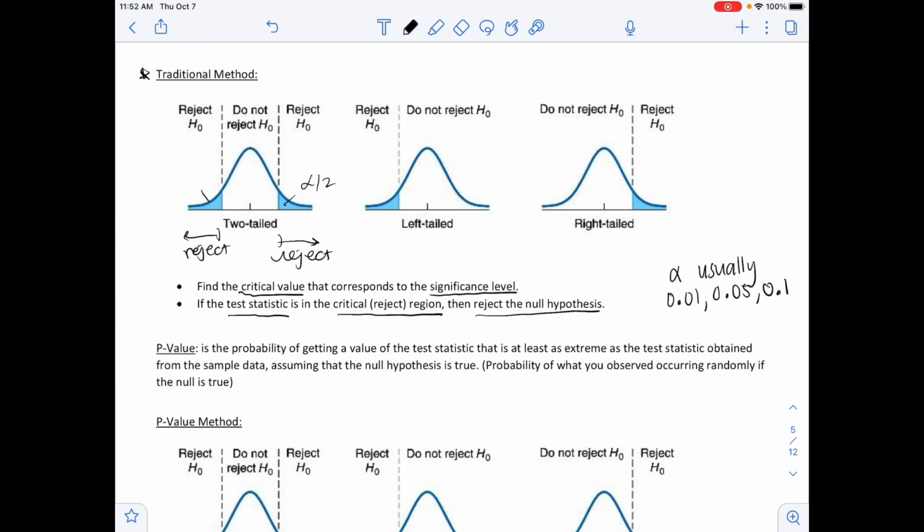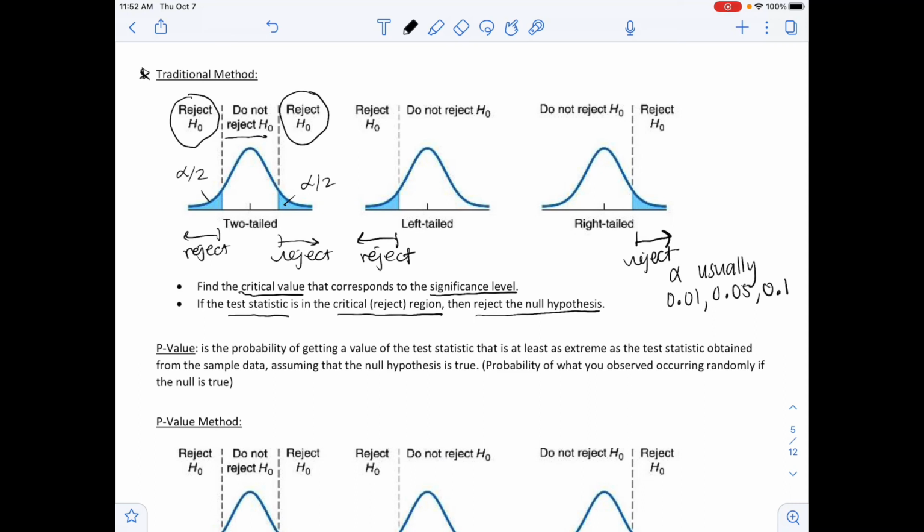So this is going to be alpha over 2 for each of these. And so this is going to be our rejection region. If the test statistic is in these regions, then we reject our null hypothesis. Otherwise, we do not reject our null hypothesis. This is the same for a left-tailed test. However, your rejection region is only going to be on that left tail. And same with the right-tailed. So again, this is your rejection region or your critical region.